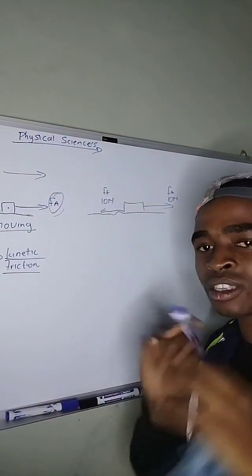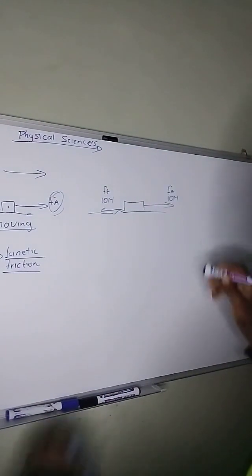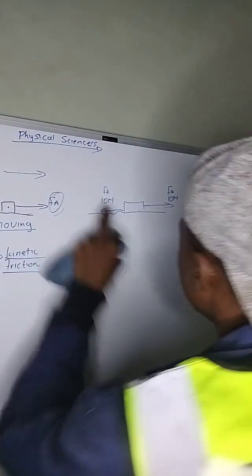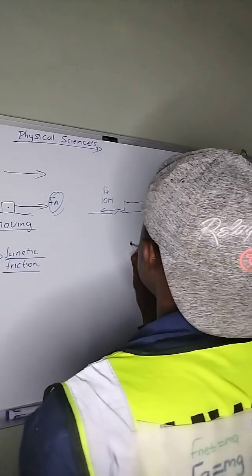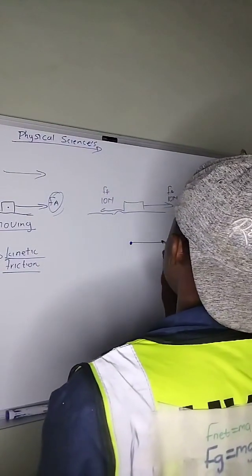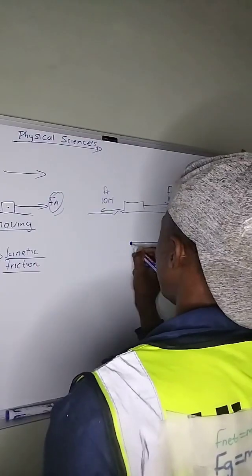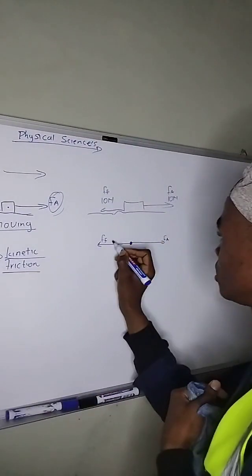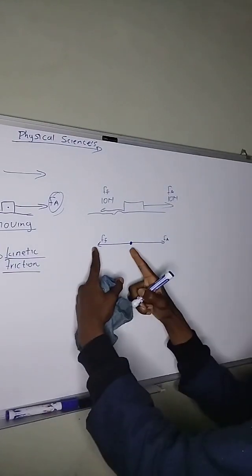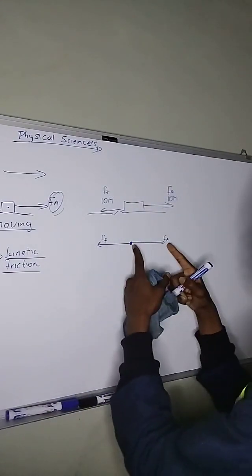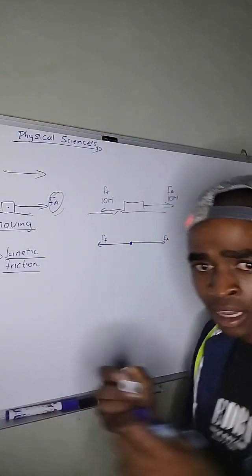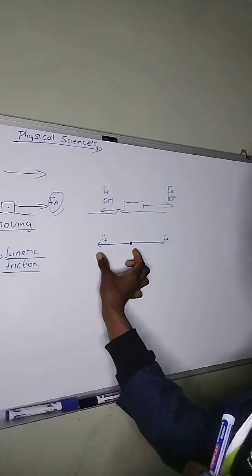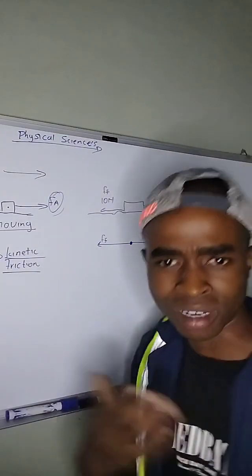Since this object will not move, because the forces are equal, whenever I'm going to draw my free body diagram, this applied force F and that friction force F will be equal. Even the length will be equal. What does the length of the free body diagram represent? Who can tell me? Come on.